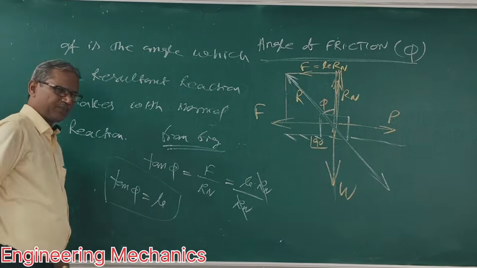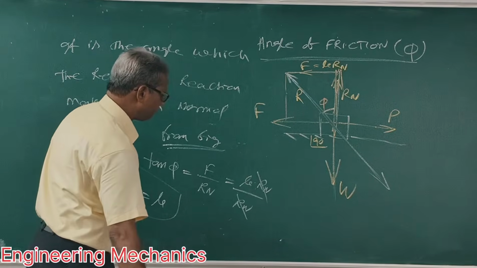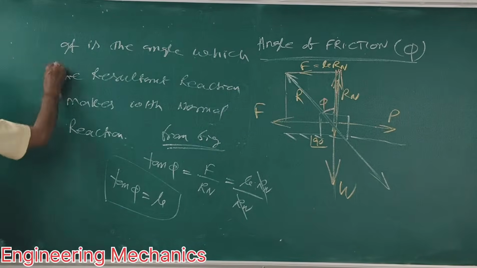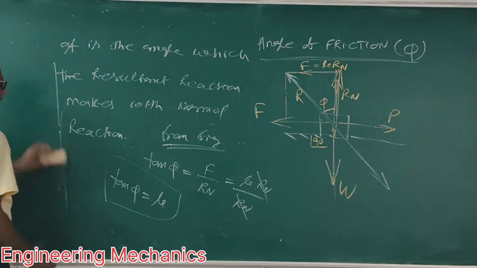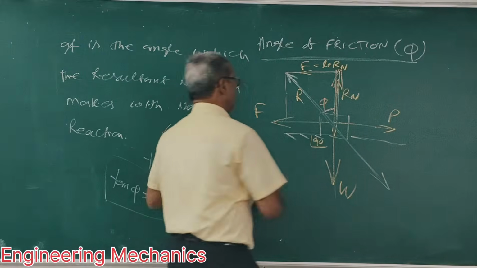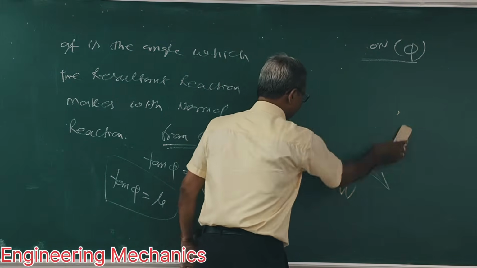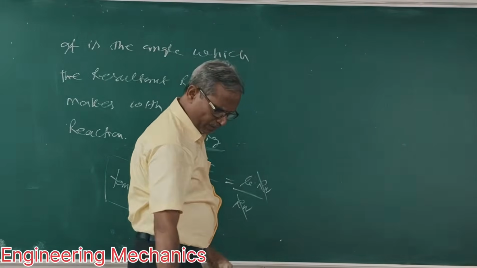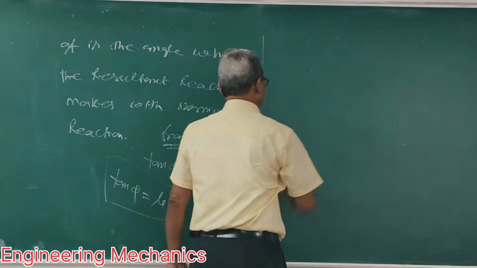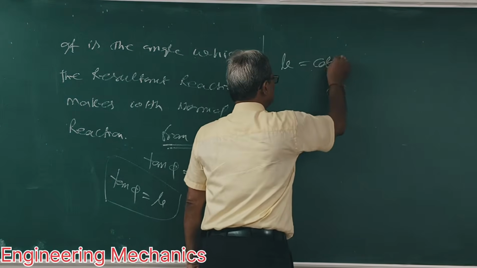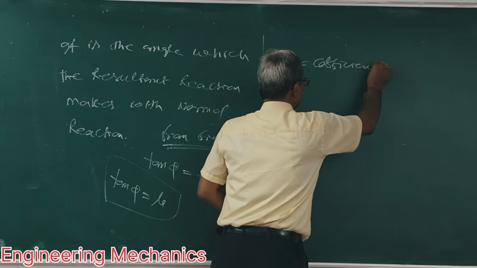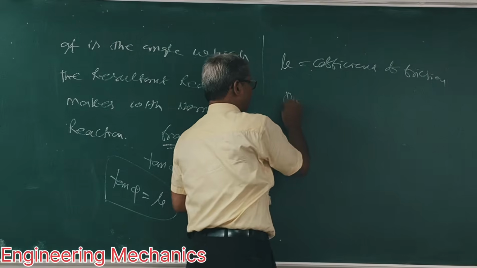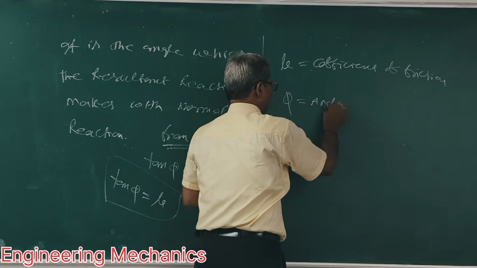Clear? Where mu is the coefficient of friction. Clear? And phi is the angle of friction.